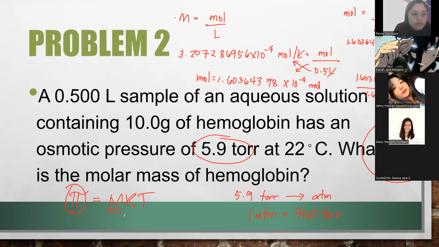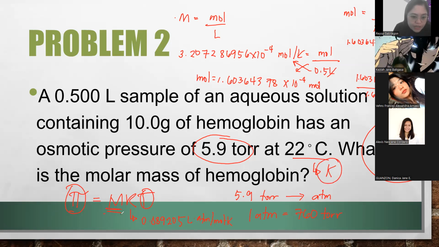You're going to look for the molarity. The gas constant is still the same, 0.089 liter ATM per mole K. And then, the temperature is also given, 22 degrees Celsius. You just have to convert this into Kelvin.